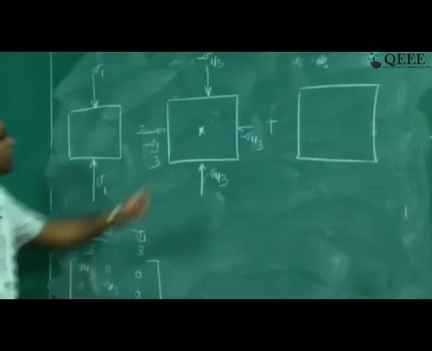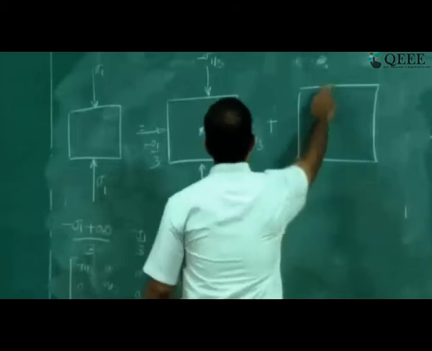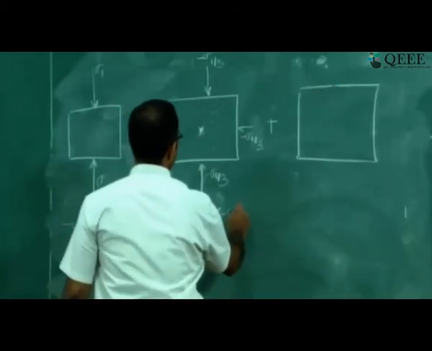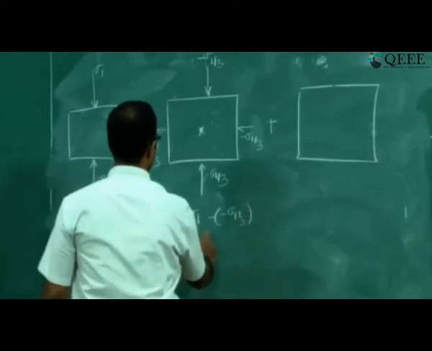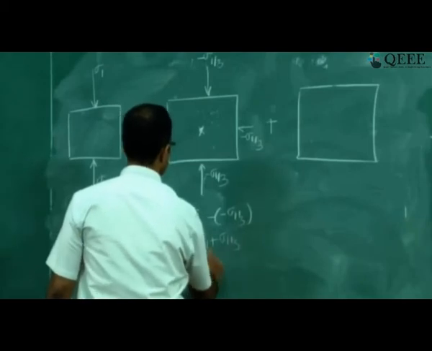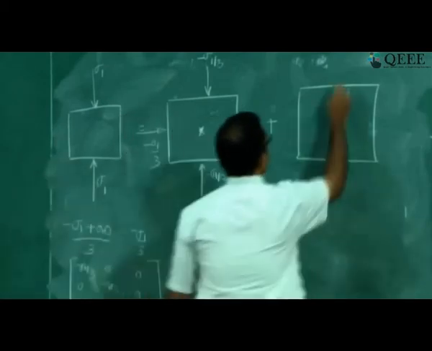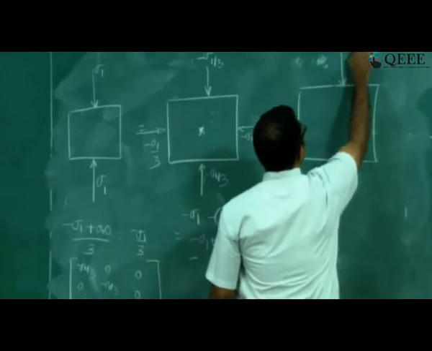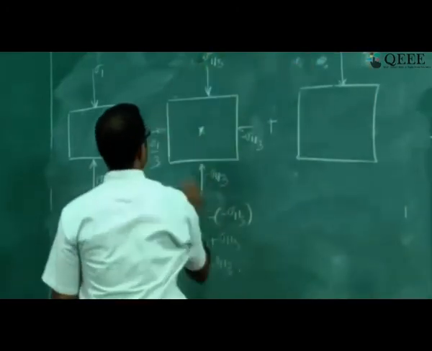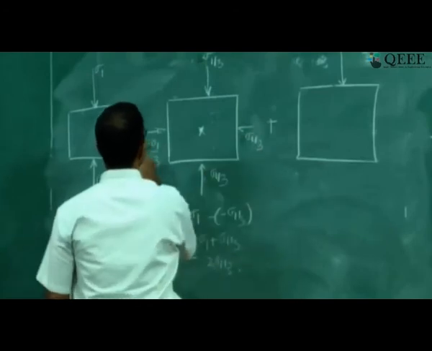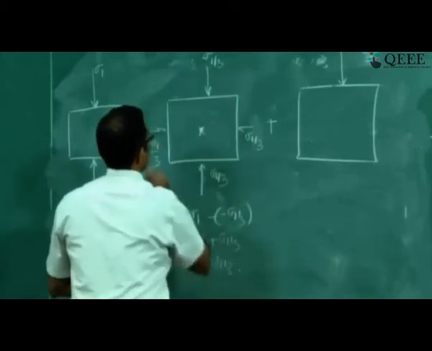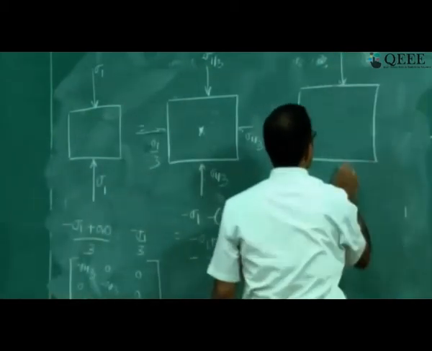Now what will be there here? Here you will have minus sigma 1 minus minus sigma 1 by 3, which equals minus sigma 1 plus sigma 1 by 3, or minus 2 sigma 1 by 3. Let me indicate the fact that it is compression by the arrows and leave this number positive, just for being clear.